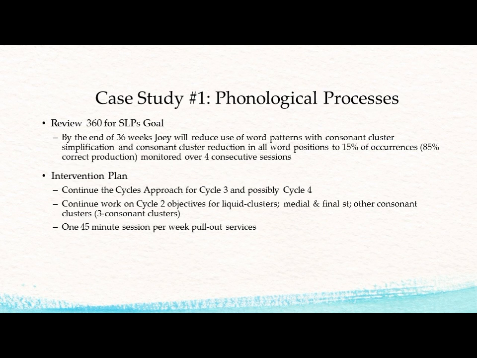And then finally, measuring progress in cycles 3 and possibly cycle 4 using Review360 to look at how Joey was doing in terms of meeting the objectives.